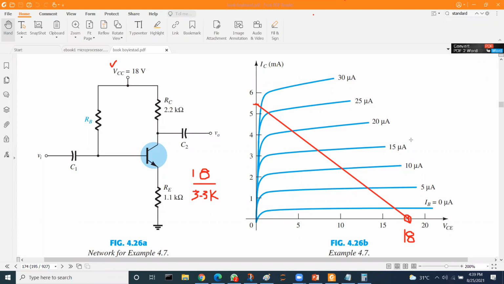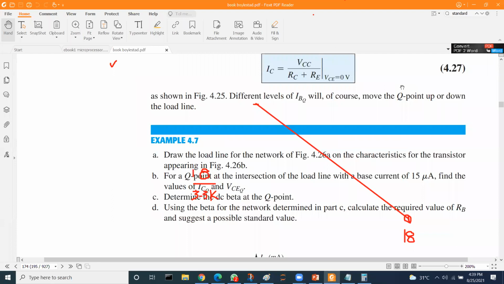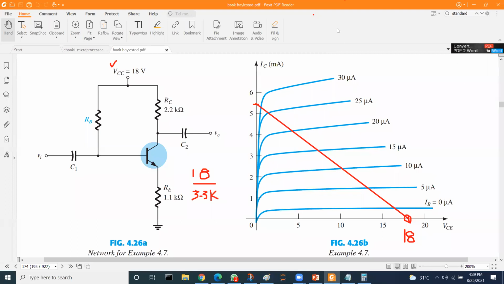Okay, now we need to know the value of IB. Let me see what is the given value of IB. 15 microamperes. Okay, 15 microamperes is given. So 15 microamperes is here.